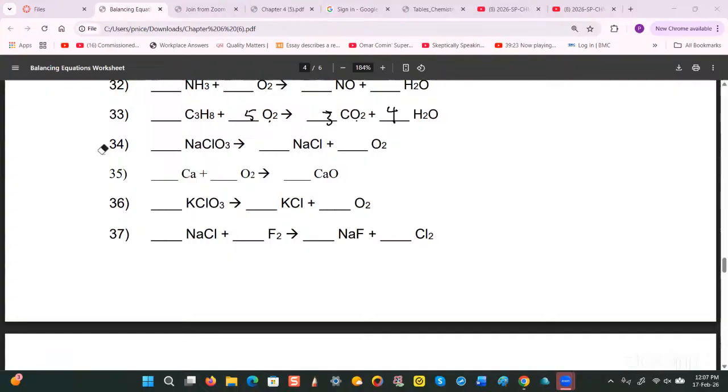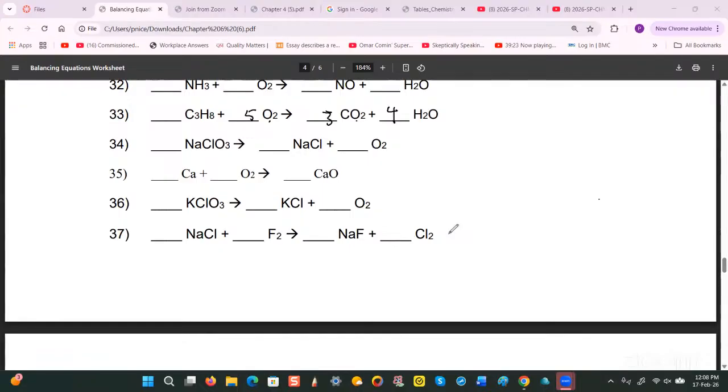Because we need 3 oxygens, so I put a 3 in front of CaO. Since there's 3 things on that side, I put a 3 in front of the Ca on the other side. Since there's 2 irons, I put a 2 in front of the iron on the right. It was iron 3, but it doesn't say iron 3 on the other side, so I think it's just Fe. I guess that makes sense, yeah. So you said 3, 1, 3, 2.